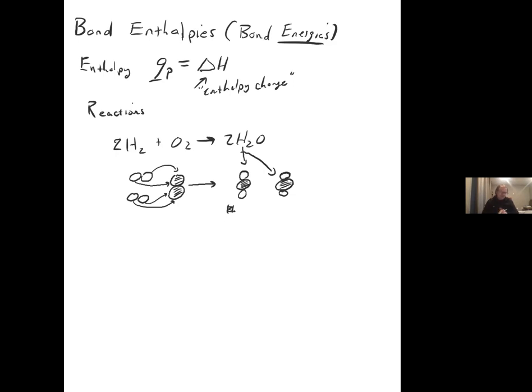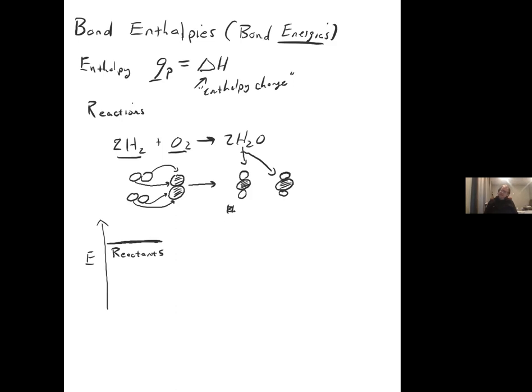So what happens is when you do these reactions, many of them, the reactants have a certain amount of energy, right? So I'm going to write an energy level diagram. I'm going to claim that these reactants, the H2 and the O2, have a certain amount of energy. Like if you have matter, you have energy.